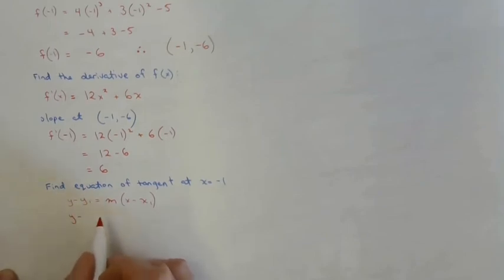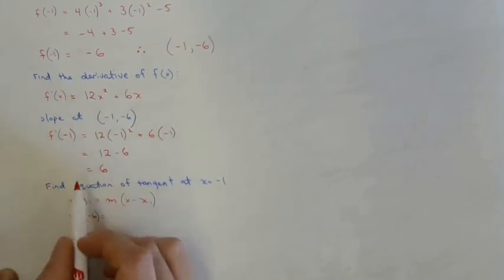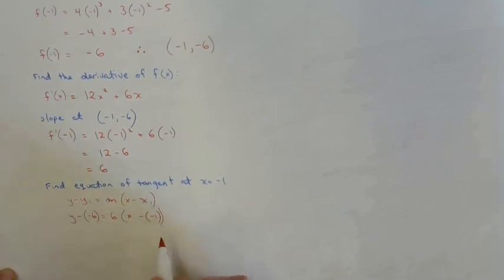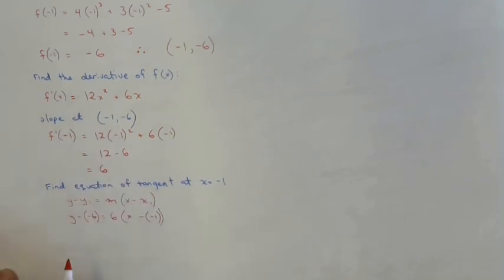So we have y minus -6 equals our slope, which is 6, times x minus -1. And now we're just working on simplifying that. Okay, so our point, x, y, came from our tangent point, and the slope is the slope of the tangent at this point, which we found using our derivative and subbing in our x value.